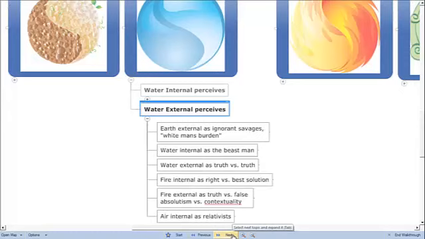Water external perceives earth external as ignorant savages and what used to be called the white man's burden. It perceives water internal as the beast man. It perceives water external as truth versus truth. So this is the same level. Their truth versus our truth.